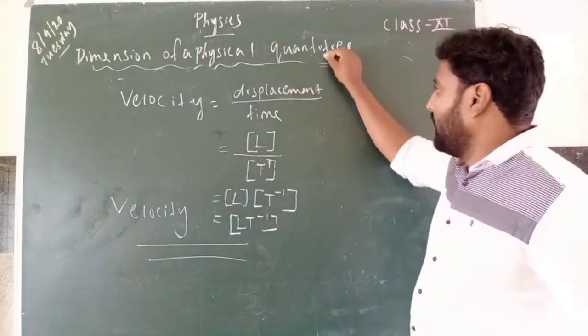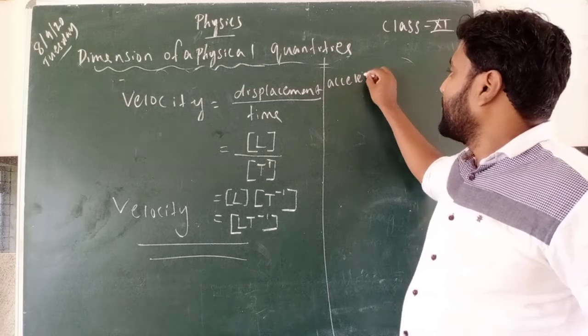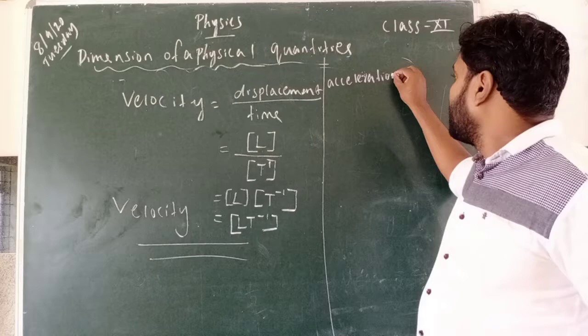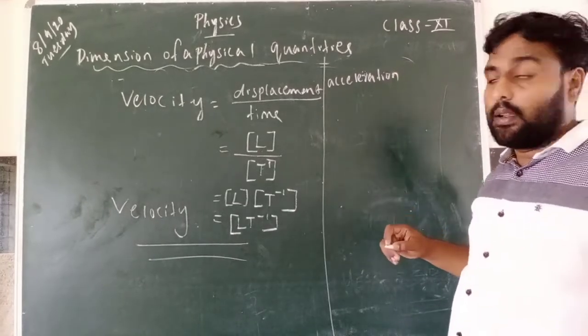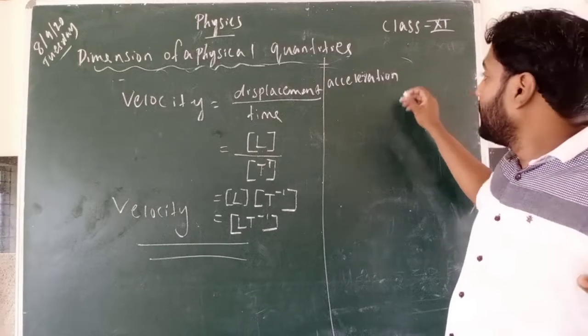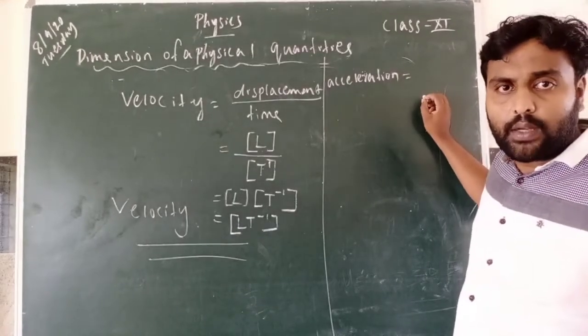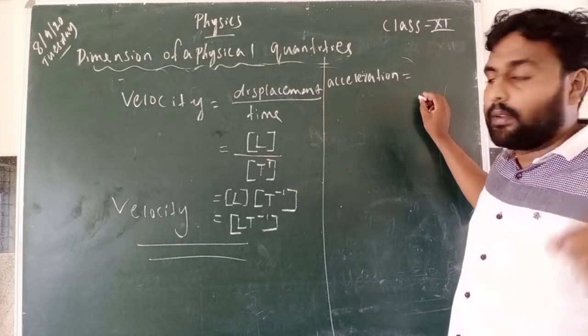Another example, acceleration. We can find the acceleration dimensional formula. What is the acceleration formula? Change in velocity divided by time.